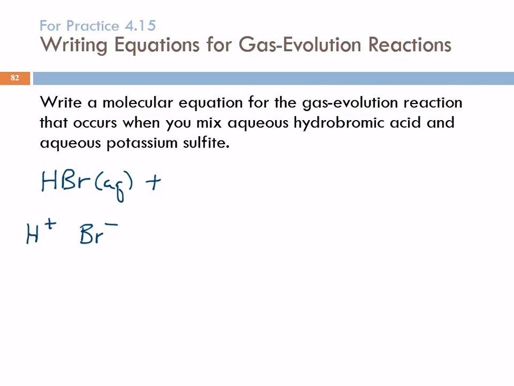And then potassium sulfite. Well, that's K plus. And what's the formula for sulfite? SO3, 2 minus. So, because we need to look at the charges so that we can know how to write the formula, it's K2SO3. And that's aqueous.